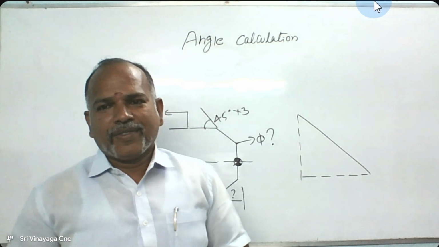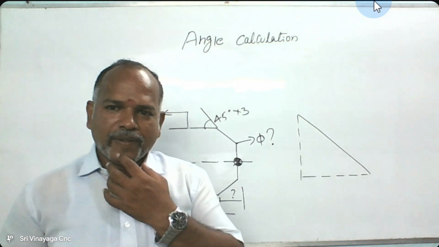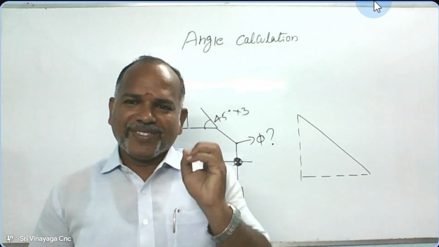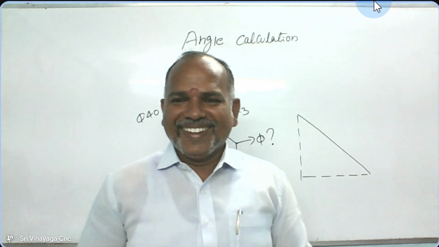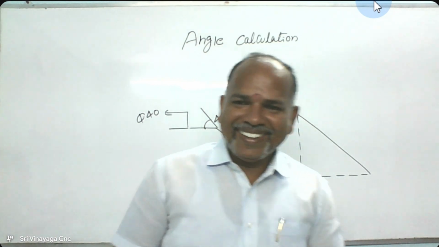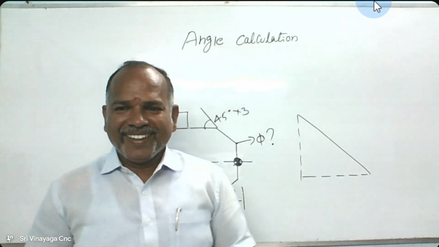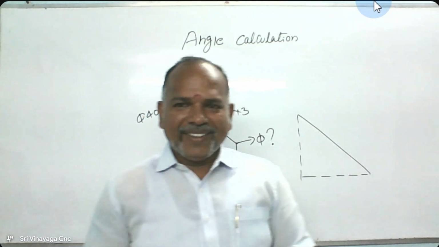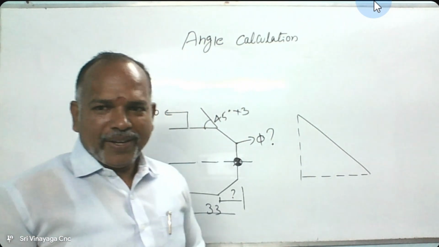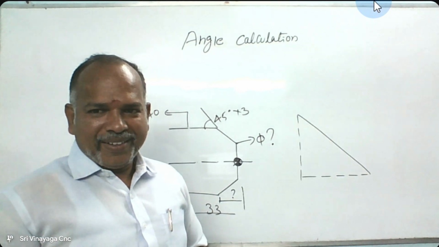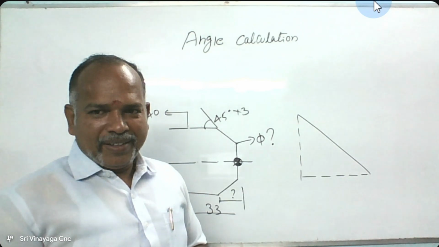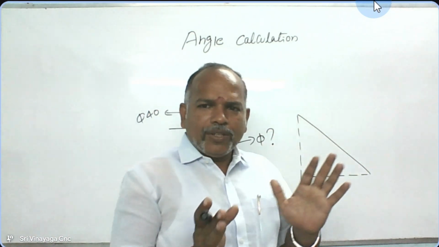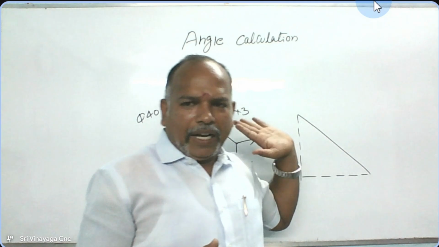I don't know how to say it, because I can see all three angles are the same. Actually, all three sides are not equal in this triangle.